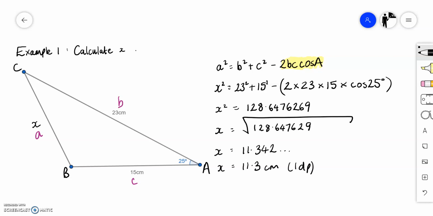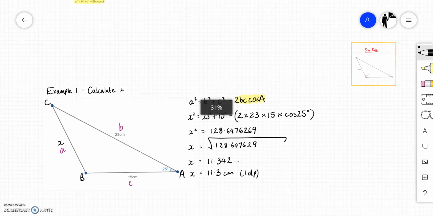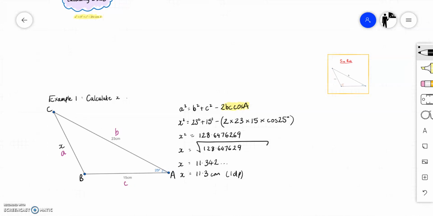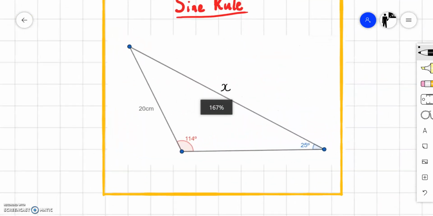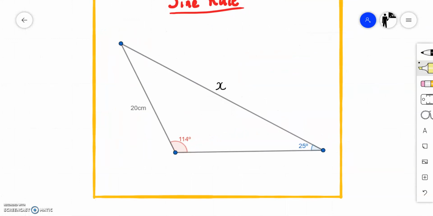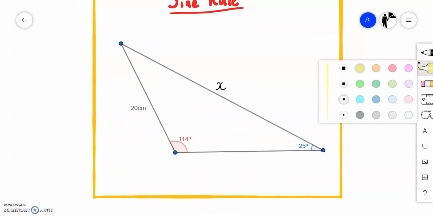So these questions are actually quite repetitive, they're quite formulaic. The main thing is making sure that where you're putting the labels ties in with your formula. This was just one example of working through using the cosine rule. I want to show you why this is different from the sine rule. We would know to use the sine rule when we had matching pairs of information.